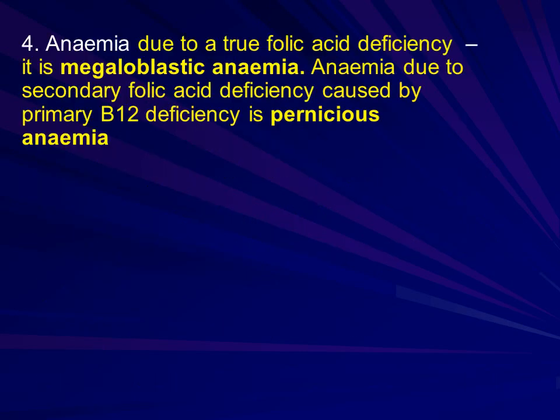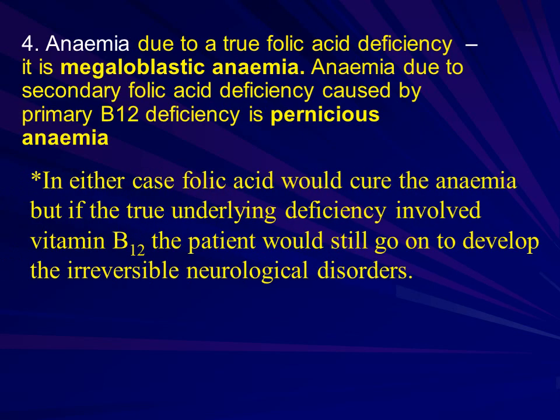Anemia due to true folic acid deficiency is megaloblastic anemia. يعني الأنيميا اللي سببها الفوليك أسيد فقط نسميها megaloblastic anemia. لكن anemia due to secondary folic acid deficiency caused by primary vitamin B12 deficiency اللي هي pernicious anemia. إذا كان pure عندنا فقط deficiency بالفوليك أسيد ينتج عنه الأنيميا نسميها megaloblastic anemia. إذا كان سبب الأنيميا الديفيشنسي بالبي 12 اللي سبب لنا deficiency بالفوليك أسيد نسميها pernicious anemia.